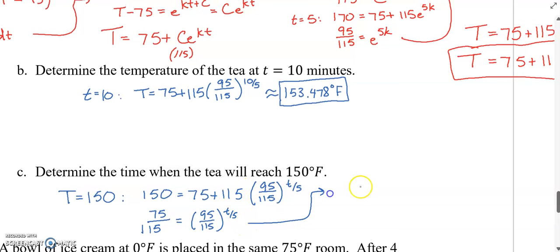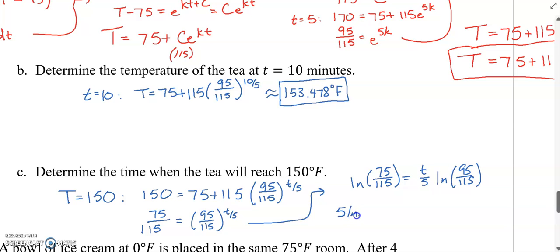And we'll get the natural log of 75 over 115 is equal to t over 5 times the natural log of 95 over 115. Again, just using the properties of logs, pull that exponent out front. Divide both sides by that crazy natural log, and then multiply both sides by 5.